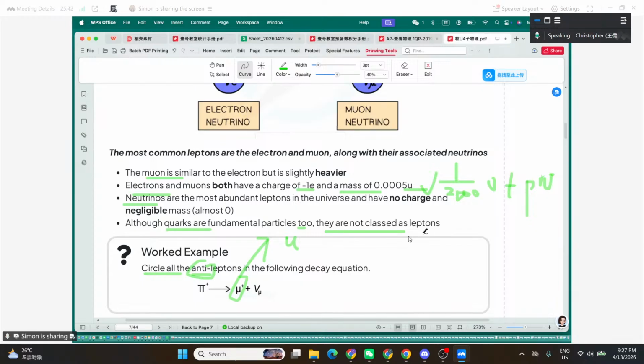Where do the neutrinos exist? Like where in the world? Neutrinos can be anywhere in the universe, and the neutrino is the most abundant lepton.